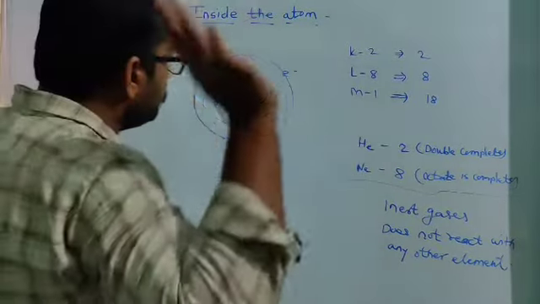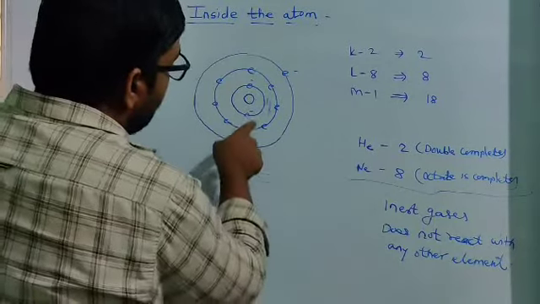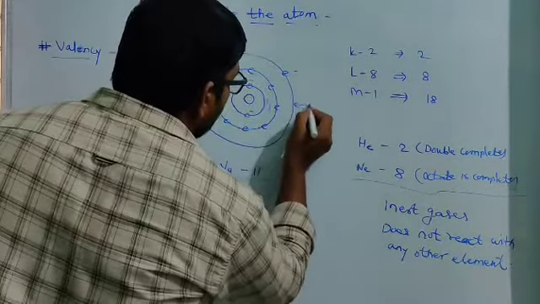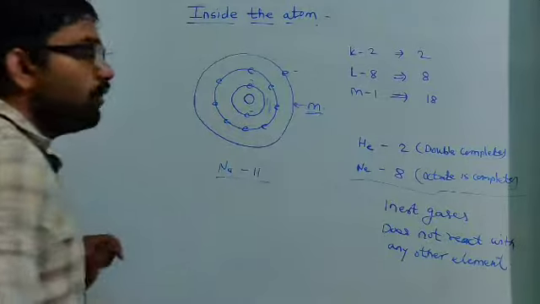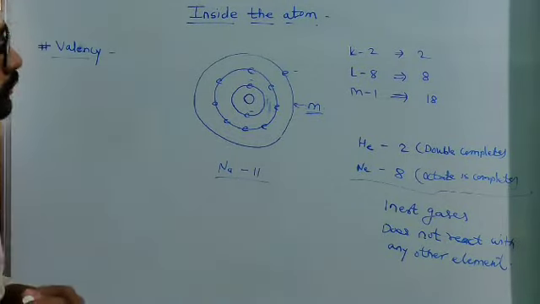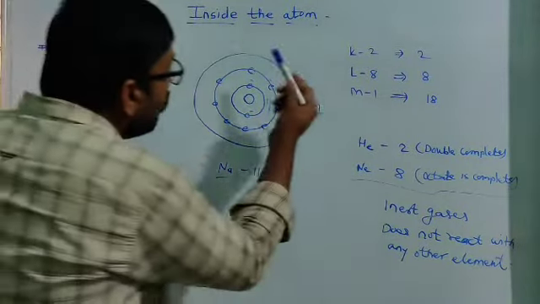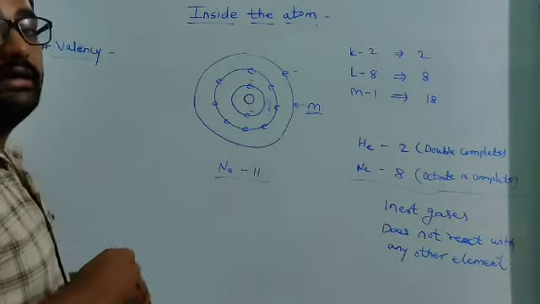So the things we have to see: look here, K shell, L shell and M shell. Here M is the outermost shell. In that M shell only one electron is there.